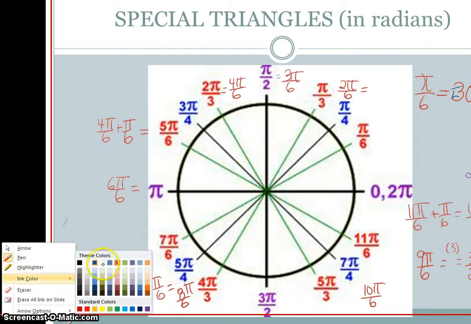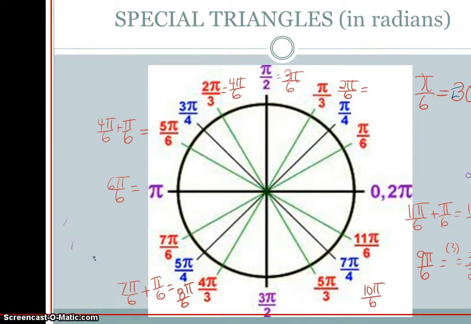So we'll do those in blue. So we want to divide our coordinate here into 3 equal pieces. So if you think about 180 into 3 equal pieces, it's going to be 60 degrees. So our first one, our pi over 3, is going to be equal to 60 degrees as a reference.